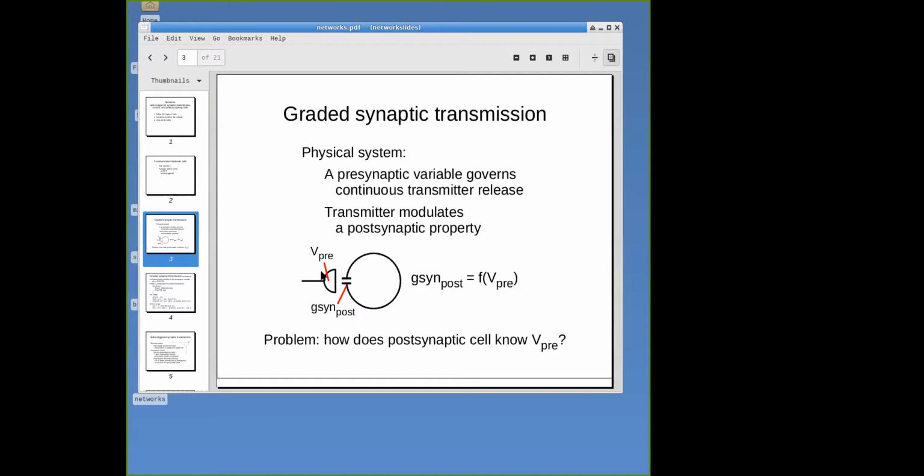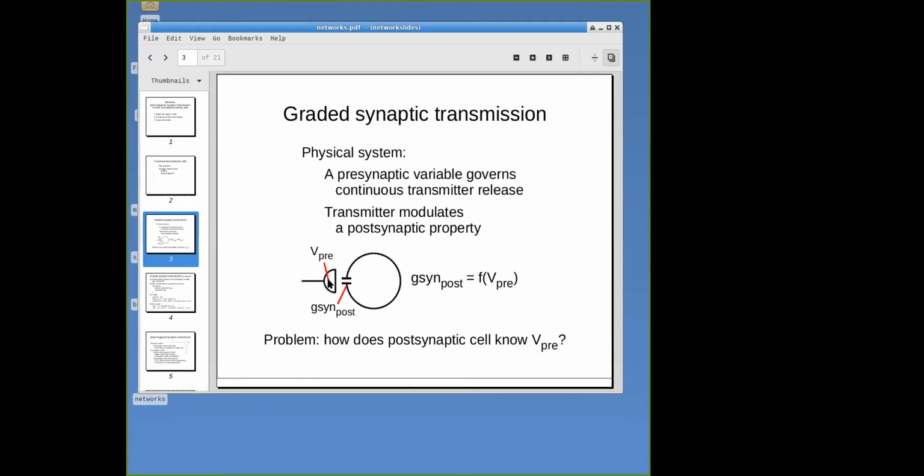So here we have a cartoon of our presynaptic terminal and our postsynaptic cell, and we're saying that there's an ion channel here, or better yet, a synapse, whose net synaptic conductance attached to this postsynaptic cell is some function of a presynaptic variable.